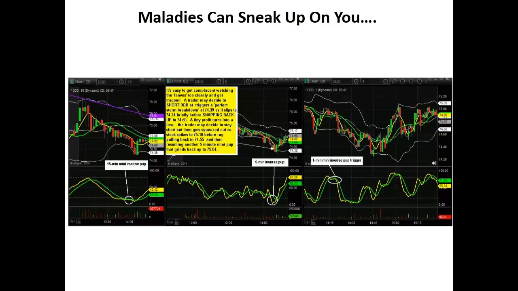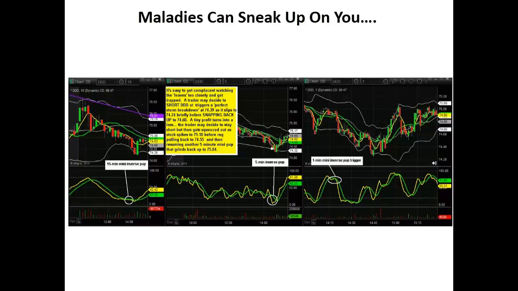You carefully wait for the 1 minute to finish its bounce and peak out, and you notice that the 1 minute mini pup is starting to get faded. At this point, you step right in and you short it at 74.39. Now, as you get this short at 74.39, you get the counter candle break on the 5 minute chart.